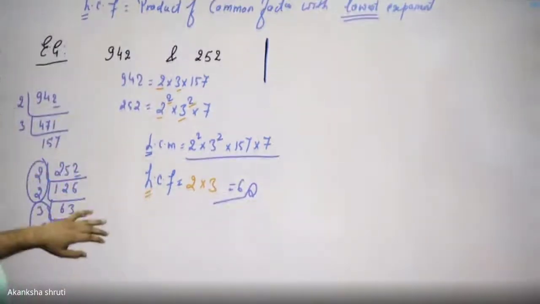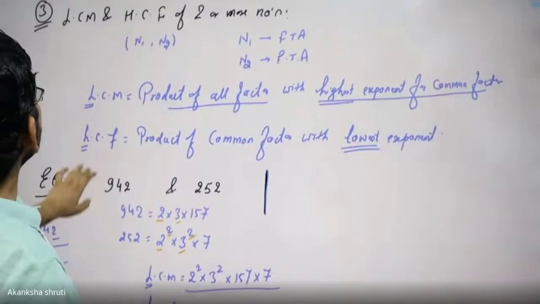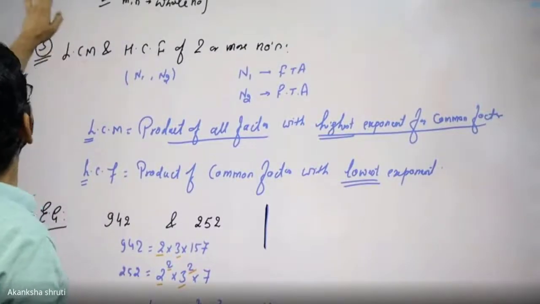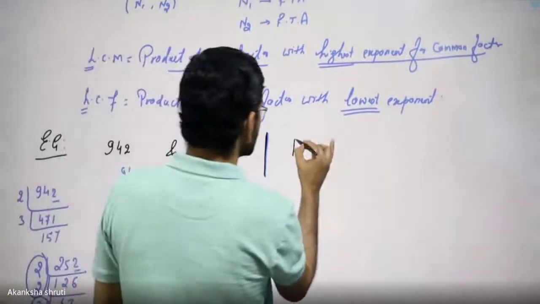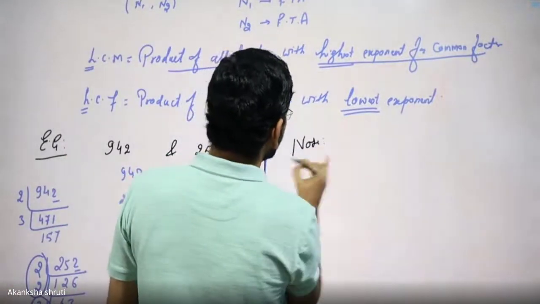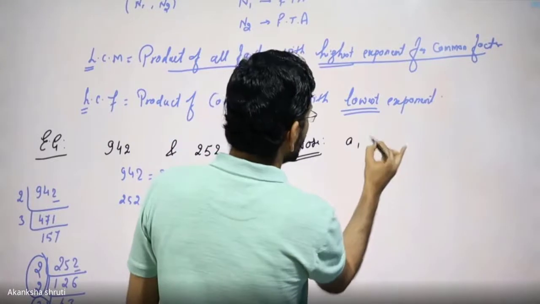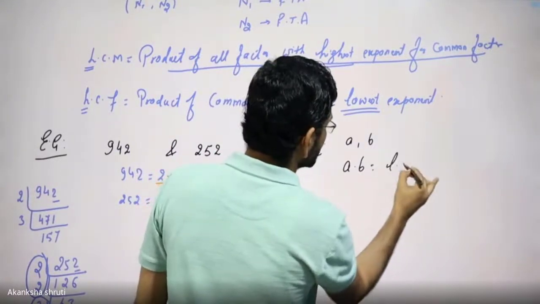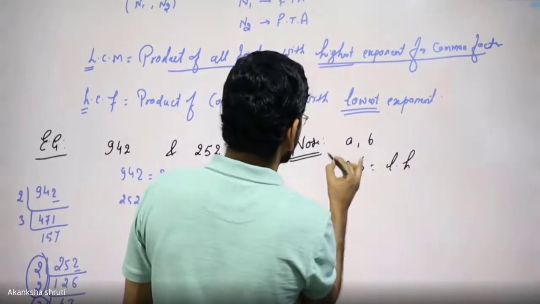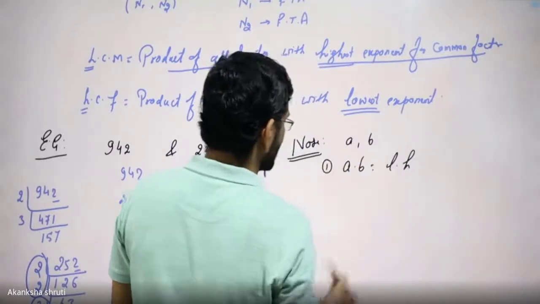It is very simple. Students, the other important thing regarding LCM and HCF, that one we also need to keep in mind. What is that? We have to know that if we have the two numbers A and B, then the product of A and B is the product of their LCM and HCF. It is the first thing that we have to keep in mind.